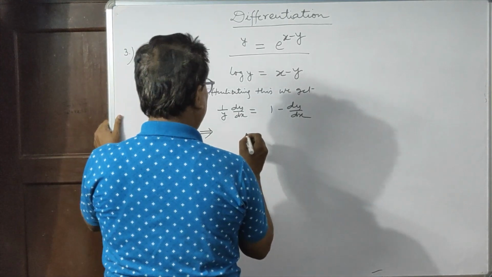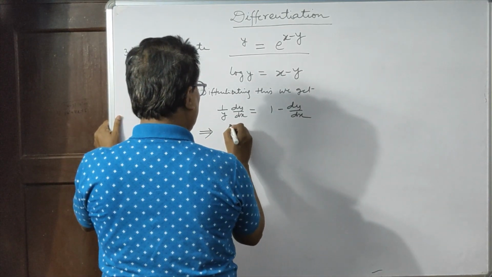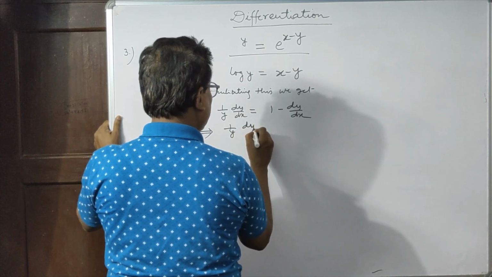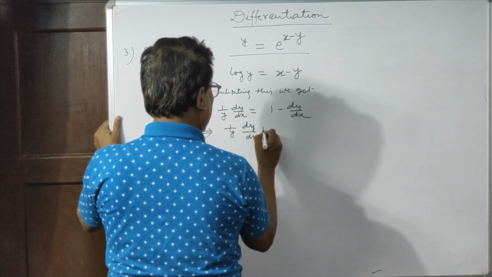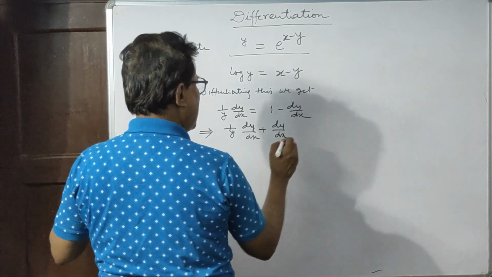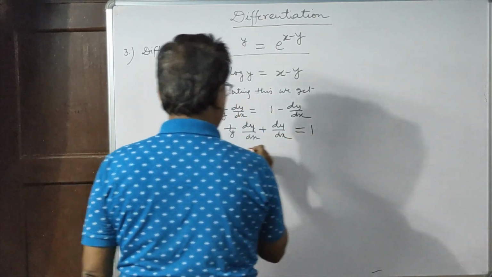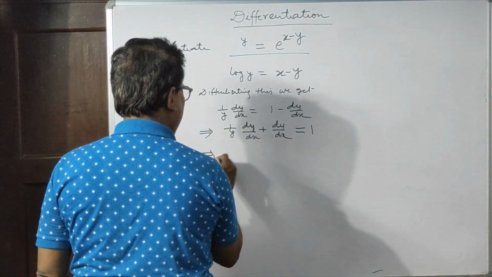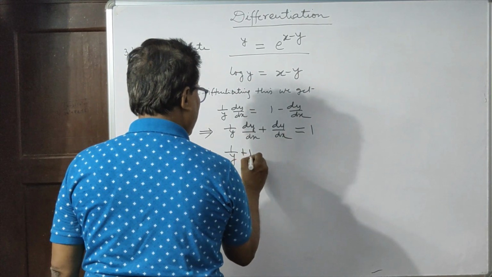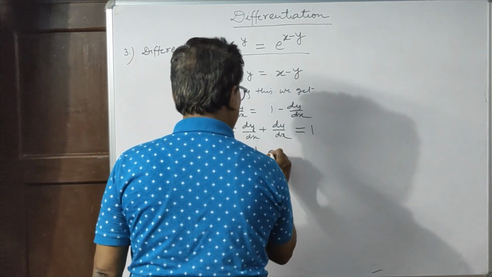This you will get: 1 by y dy by dx plus dy by dx is equal to 1.